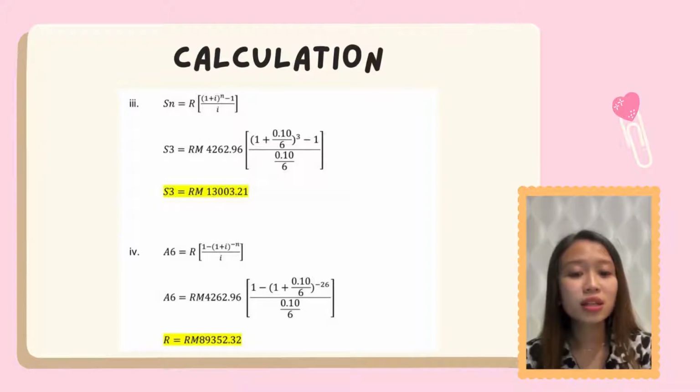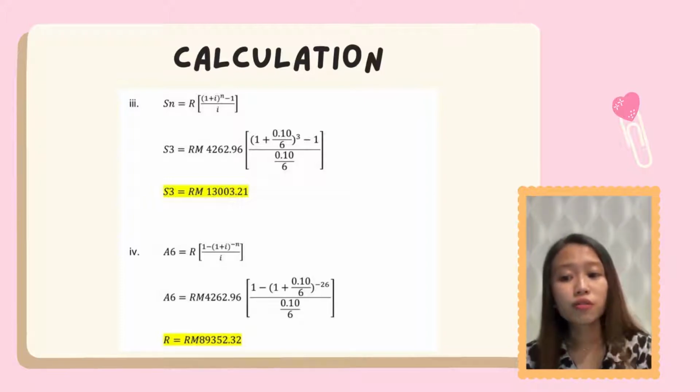So S_3 equals R, which is RM 4,262.96, in bracket 1 plus 0.10 over 6 to the power of 3 minus 1, over 0.10 over 6. So the answer for S_3 is RM 13,003.21.